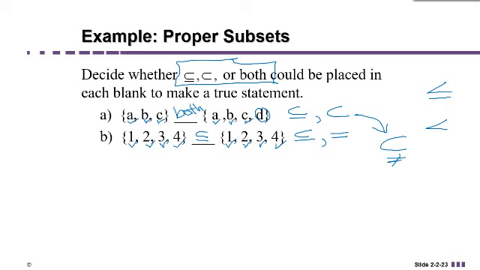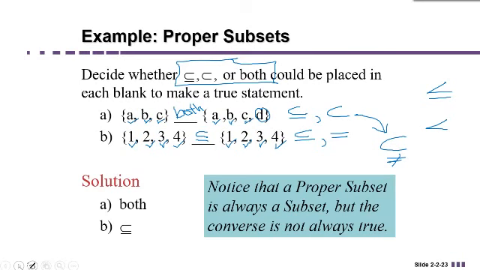Okay? Proper subset means it's contained in, but it's not equal to. Now, notice that if you have a proper subset, it has to be a subset, but not the other way around. In other words, if you have a subset, it's not necessarily a proper subset because it could be equal to.